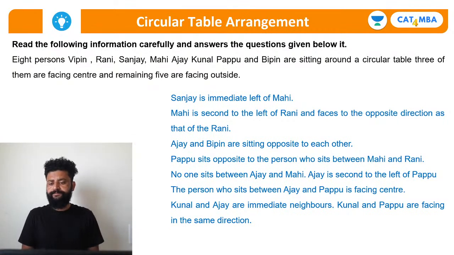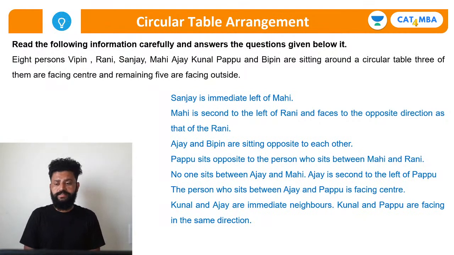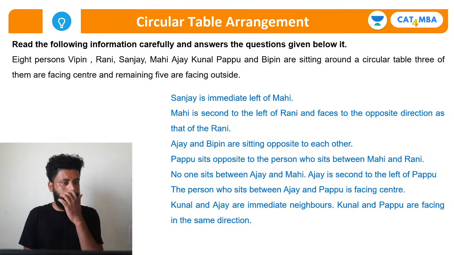I had kept just 4 sets, but all these sets will be really challenging. If you look at the information, you'll get to know. You need to try the possibilities in this. So let's look at the first question. Read the information carefully and answer the questions based on that.